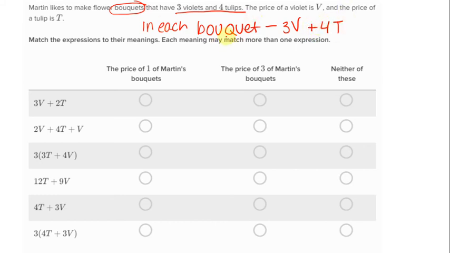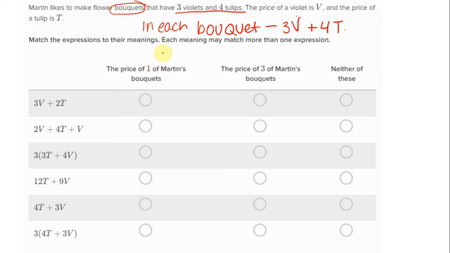Notice how I'm translating the problem into symbols, into variables and numbers. So 3v plus 4t. The price of a violet is v and the price of a tulip is t. So this is the number of violets, this is the price, number of tulips, price.